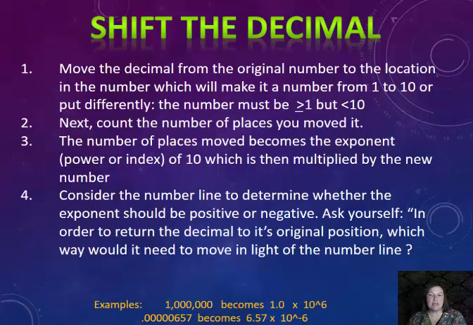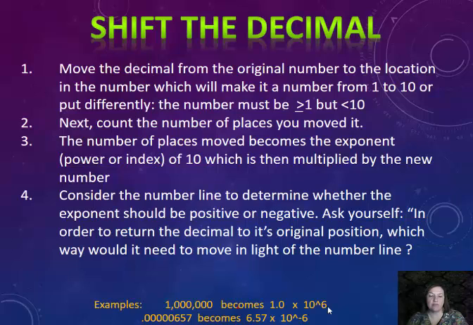I've got two examples here at the bottom of the slide, and you can see the first number here, 1 million, is 1 times 10 to the 6th power, or the 6th exponent, when you convert it to scientific notation.